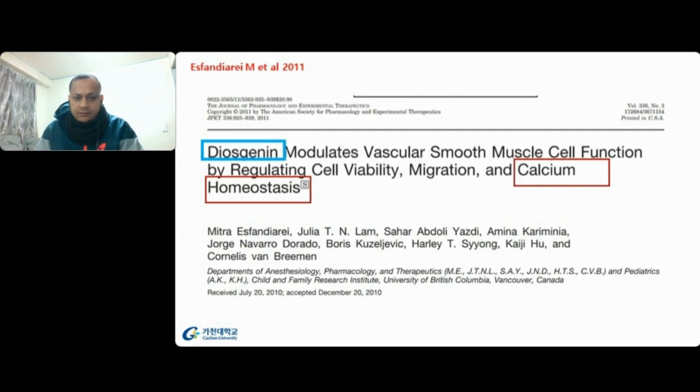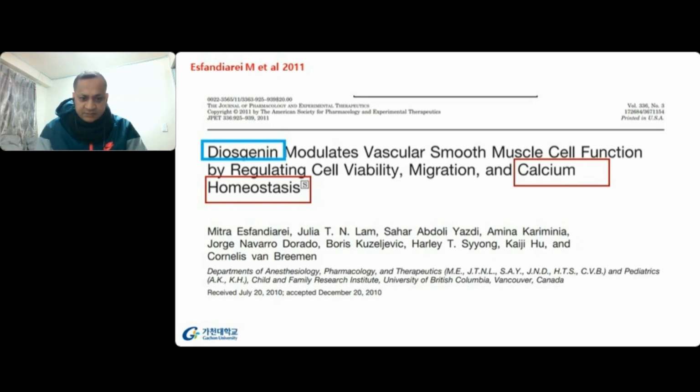I previously published an article in the Journal of Pharmacology and Experimental Therapeutics. In this work, they said diosgenin modulates vascular smooth muscle cell function by regulating cell viability, migration, and calcium homeostasis.